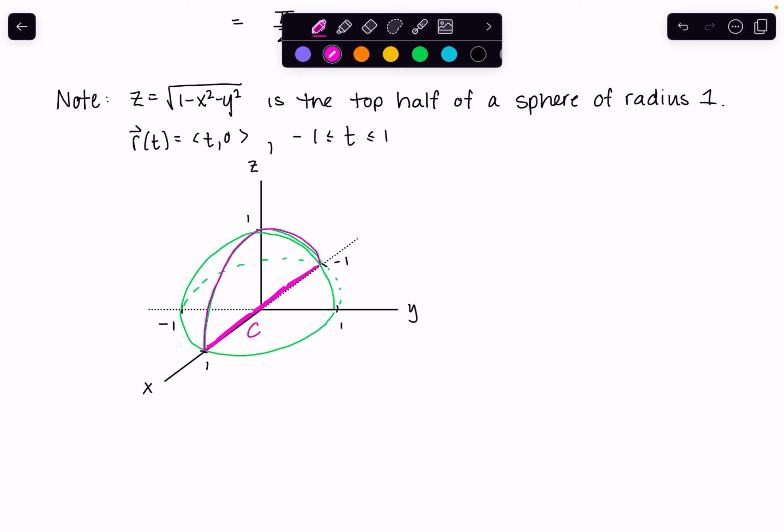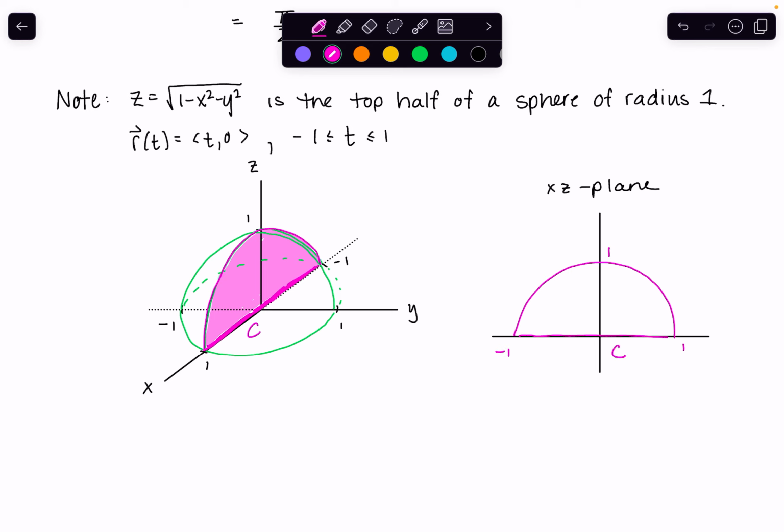Okay. And it is just a semicircle there, because all you would do is let y equal 0 and you get that circle of radius 1. And then here is that curve C at the bottom. Okay. So we are finding this area.